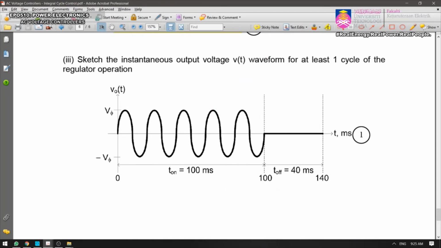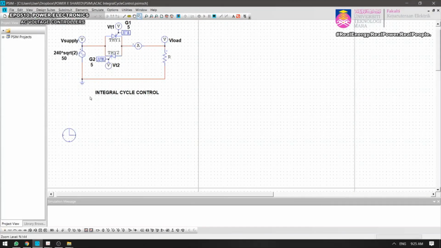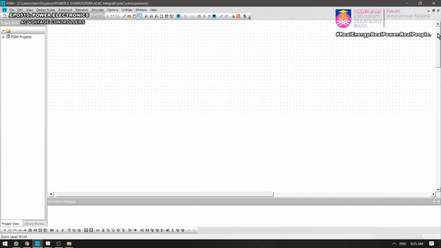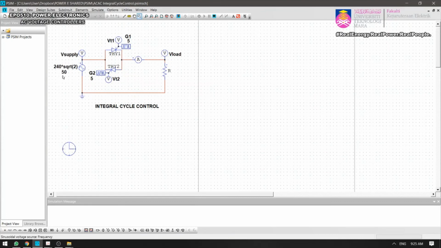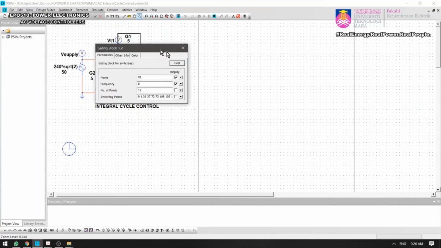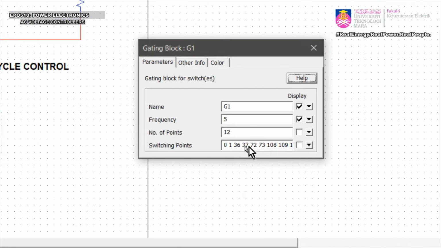Again, I'm going to quickly show you the example in PSIM. Right, again, this is 240 volt multiplied by square root 2 to give you the peak value, and 50 Hertz. And for thyristor 1, thyristor 2, look at thyristor 1. We can see again 0, 36, 72, 108, then 144, 180, and that's it.